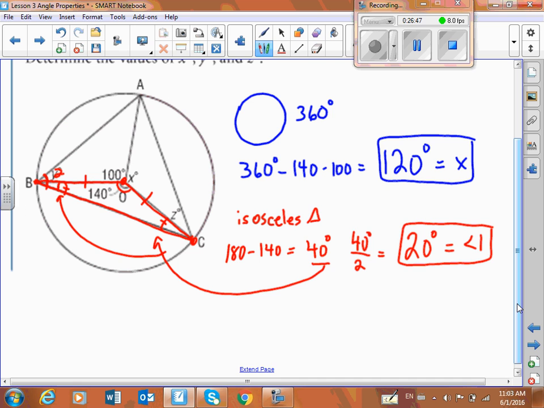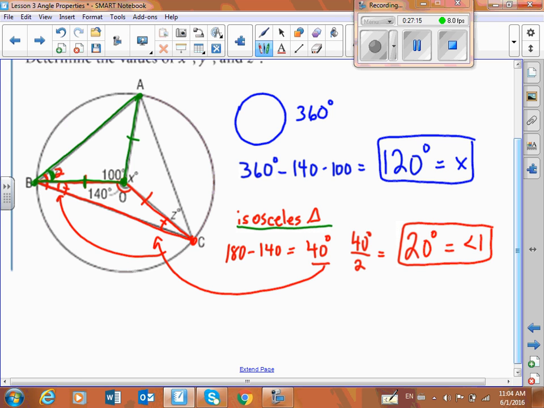Okay? Now, again, changing colors, we're going to focus on this triangle now. A to O to B. That's going to help us find this little angle 2 that I'm calling it up here. Same thing. This is O to B. This is O to A. They're both radii. They're both congruent, which means I have another isosceles triangle.